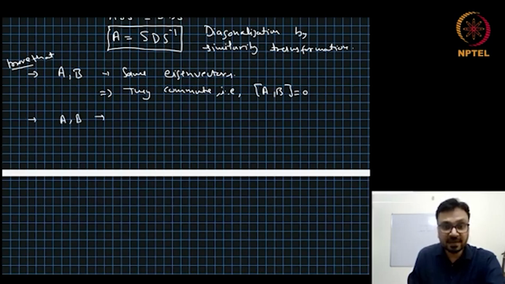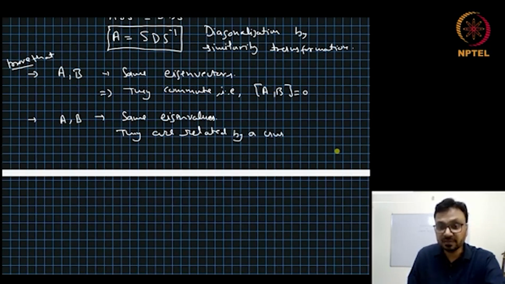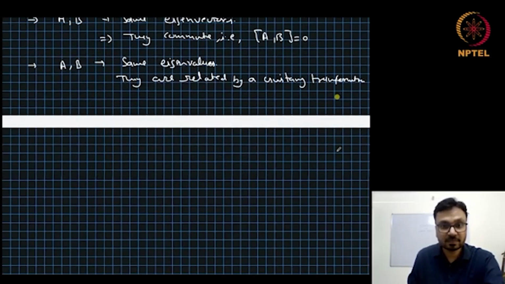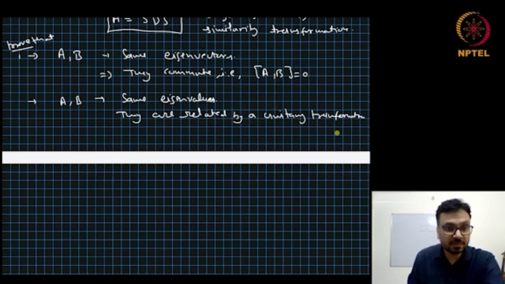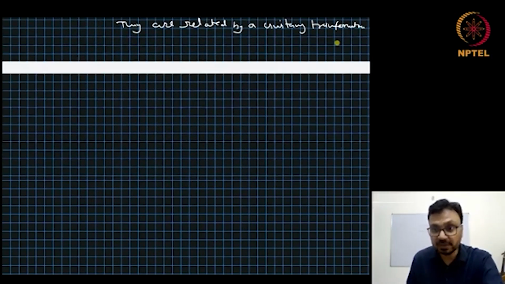If A and B have the same eigenvalues, then they are related by a unitary transformation. So these are the two assignment problems one should try, and they will be very intuitive, very interesting to understand.